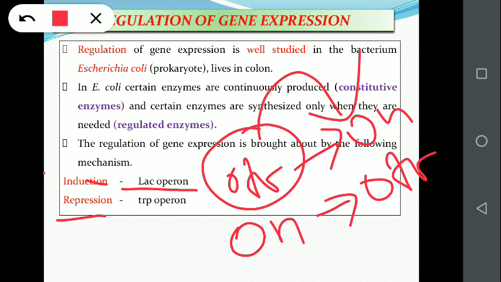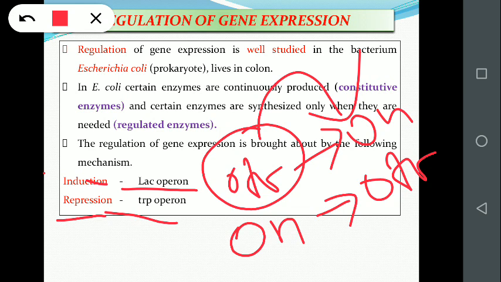In the case of repression, we have the example of the tryptophan operon. Tryptophan is an amino acid. It is required for the production of polypeptide chains.